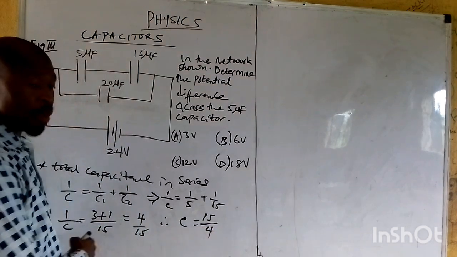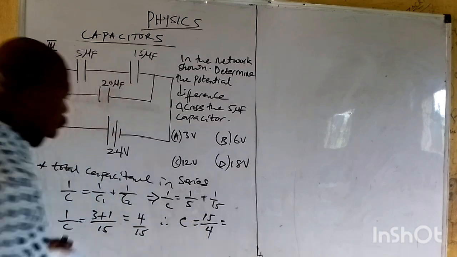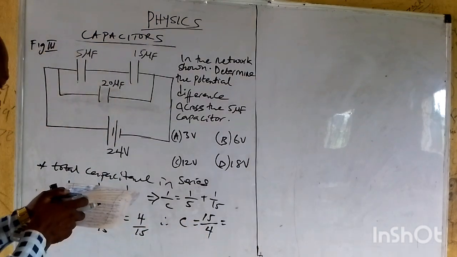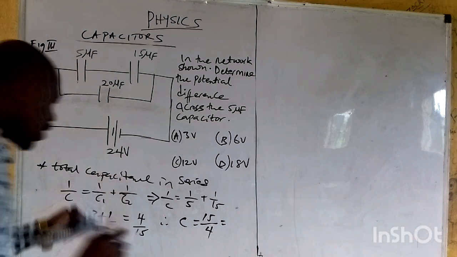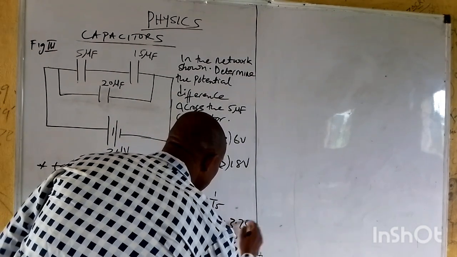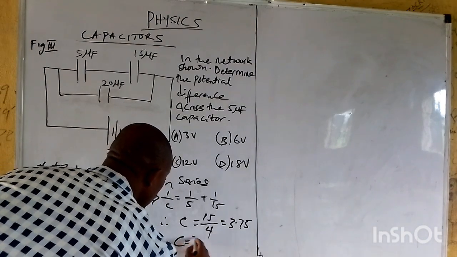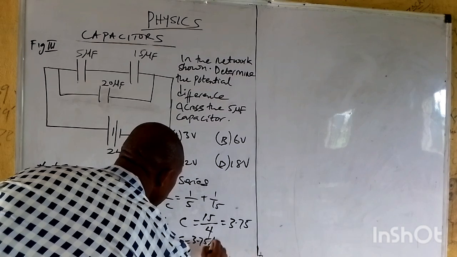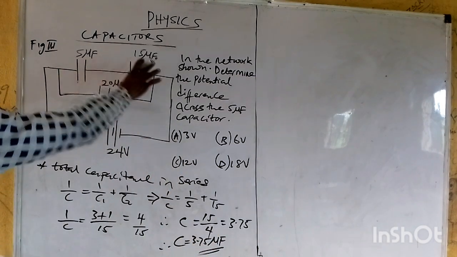Instead of cross multiplying, invert, turn it upside down. And you will now have 15 divided by 4, which will give us 3.75. Therefore, C is 3.75 microfarad. This is the one in series.